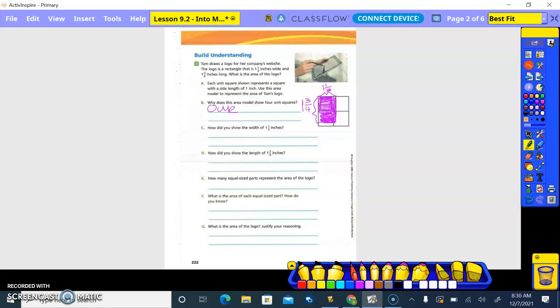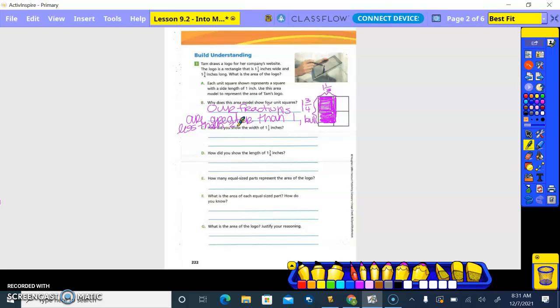Our fractions are greater than 1 but less than 2.